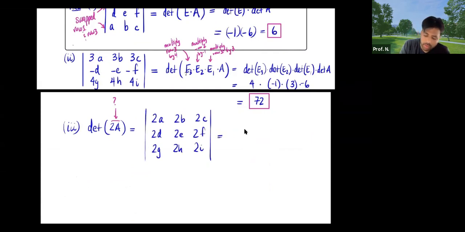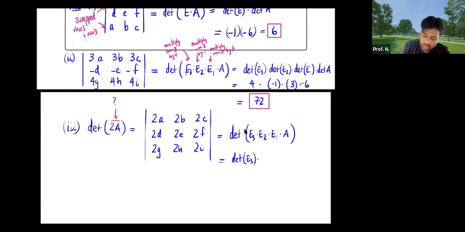I am multiplying, right? What am I doing? Determinant of E3 times E2 times E1. I am multiplying my matrix A with 3 elementary matrices that multiply the first row by 2, the next row by 2, and the last row by 2. Which means I'm taking the determinant of each one individually.